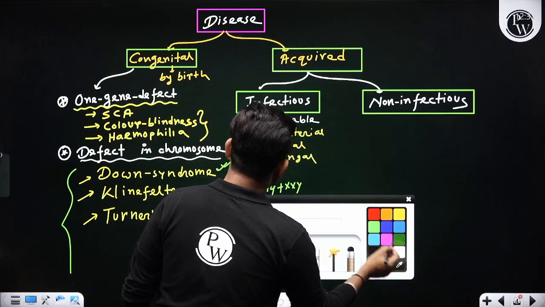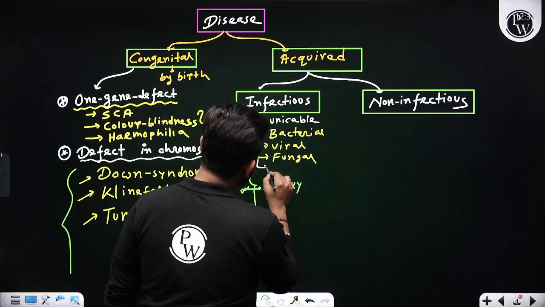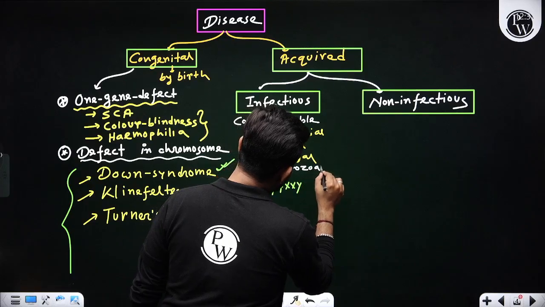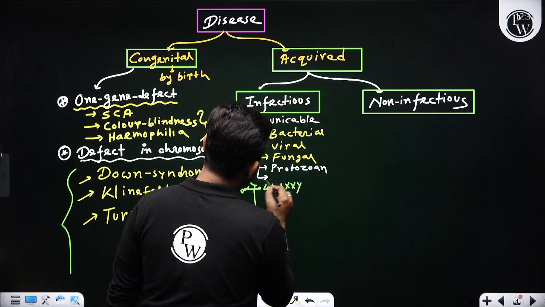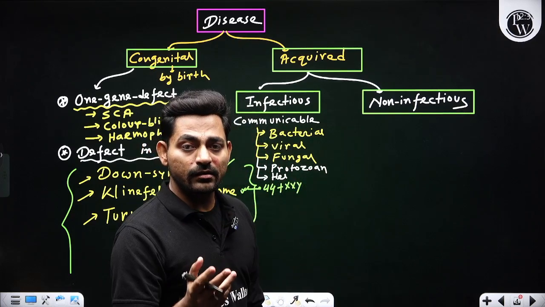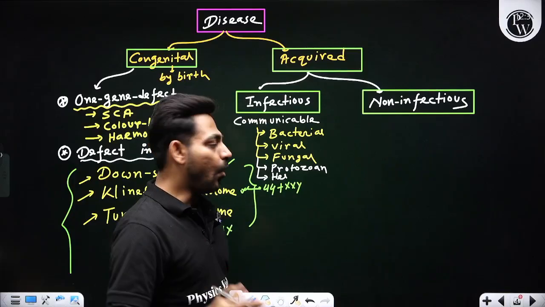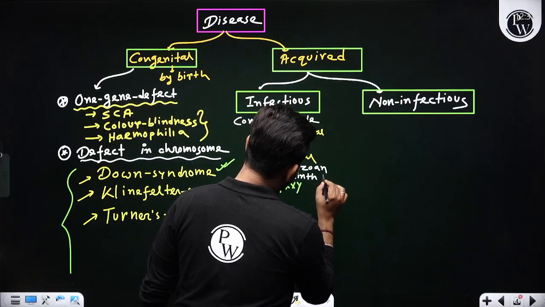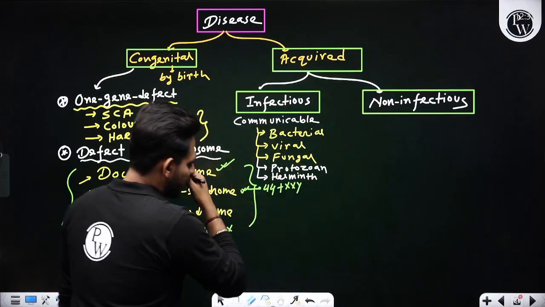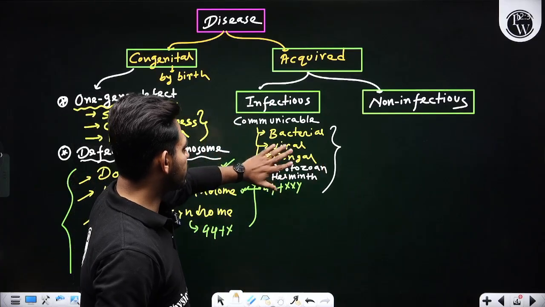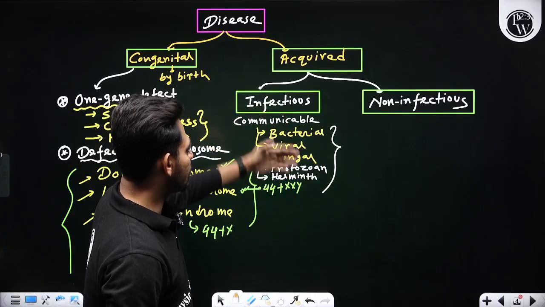Diseases can be spread through protozoa, and through helminths, that means ascalminths and platyhelminths, by worms. So these are pathogens which are responsible for infectious or communicable diseases.